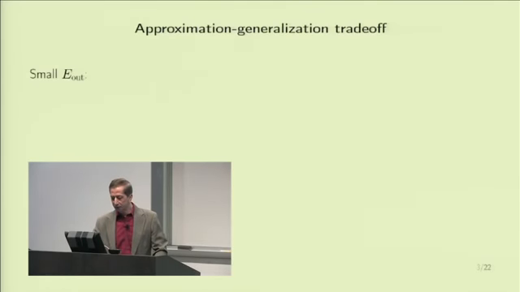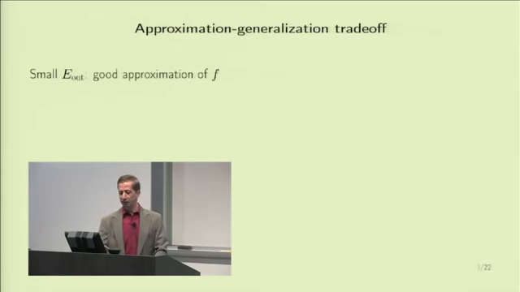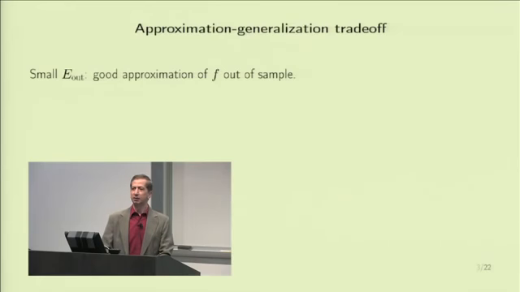There are two components to this, and we are very familiar with them now. So we are looking for a good approximation of F. That's the approximation part. But we would like that approximation to hold out of sample. We are not going to be happy if we approximate F well in sample and we behave badly out of sample. So these are the two components.